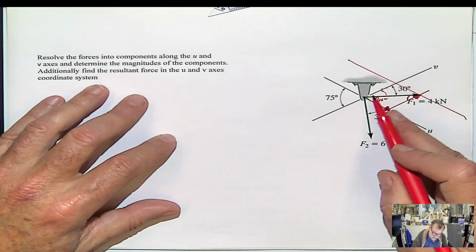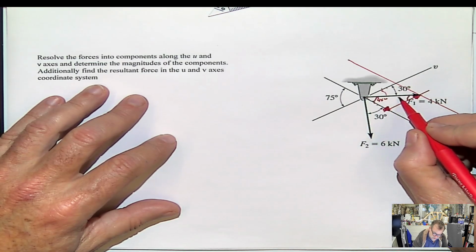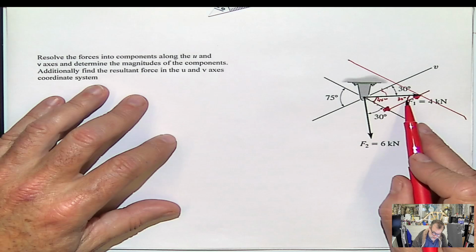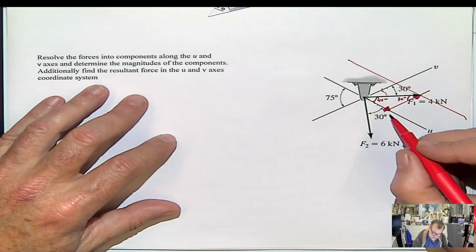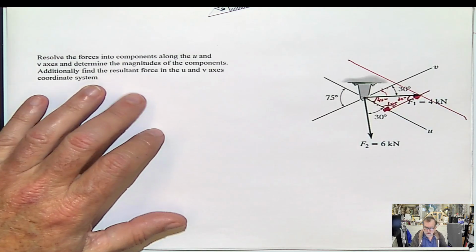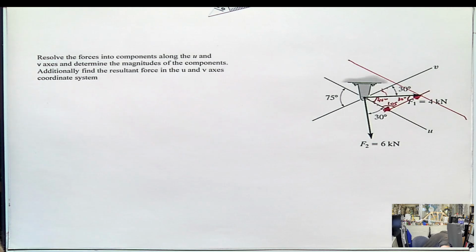Look at these two parallel lines, so that angle should be 30 degrees. And if this is 45 and this is 30, meaning 75, this has to be 105 degrees. Why 105 degrees? Because 105 plus 75 is 180, and that's what the internal angles of a triangle should add up to.